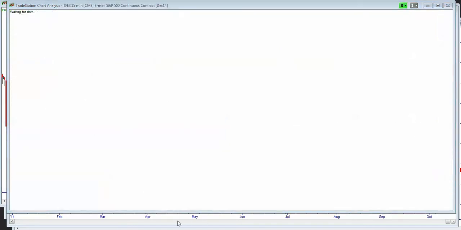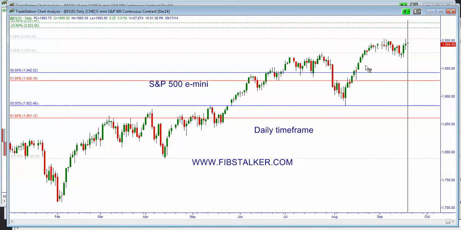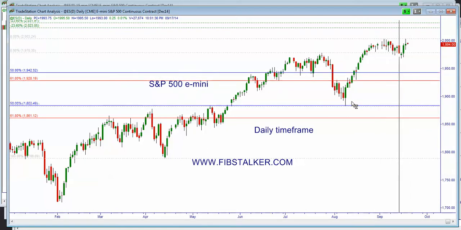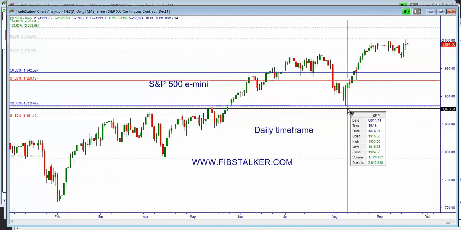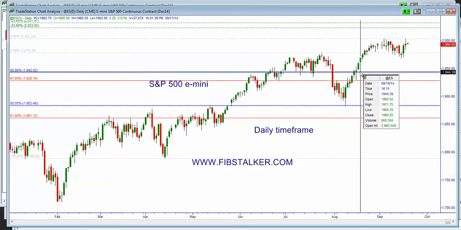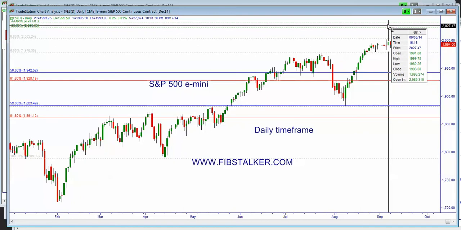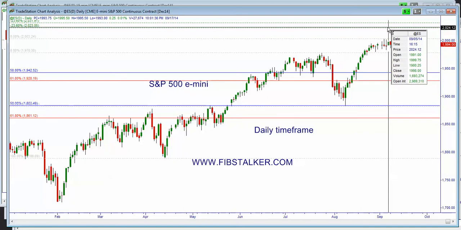Moving to the S&P 500, you will remember that I've indicated this 1942 level. You will remember also that I timed this 1883. So price went there and eventually started a reaction higher. So at the moment, this price has a first target at 2023.